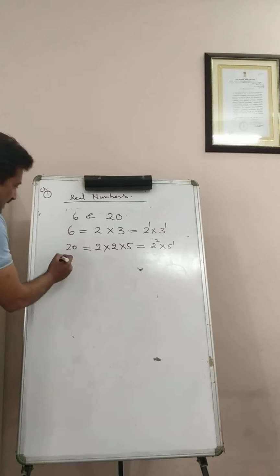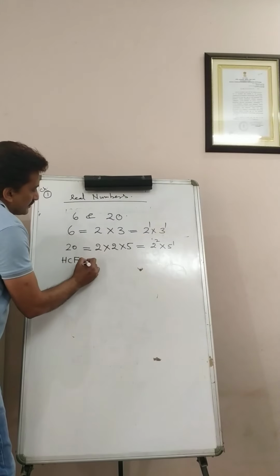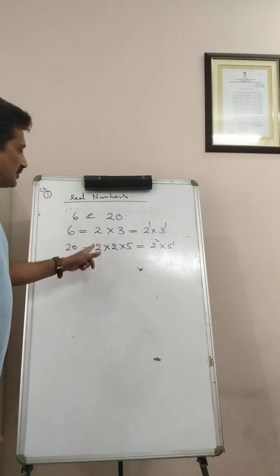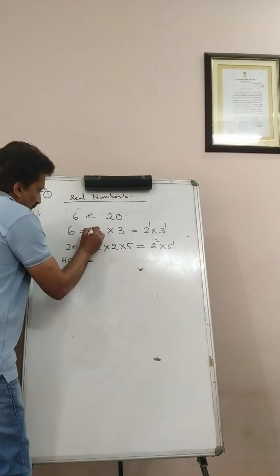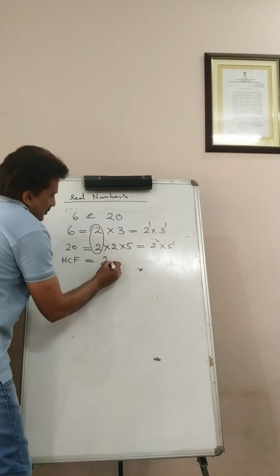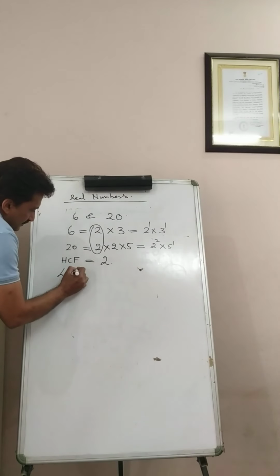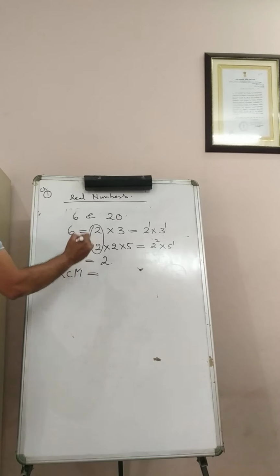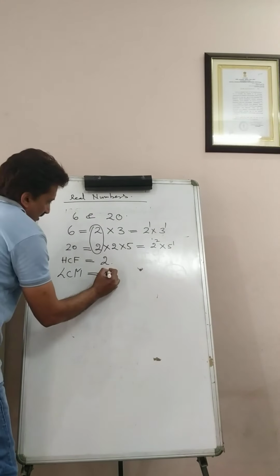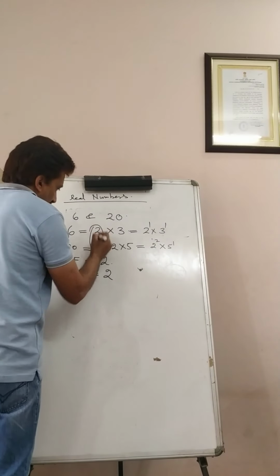So what will be the HCF of these numbers? The HCF will be the common factor of these, so the HCF is 2. And what will be the LCM of these numbers? You have to write each factor once. The first factor is 2, it appears twice, so it will be written once.